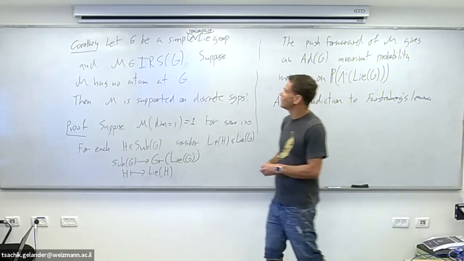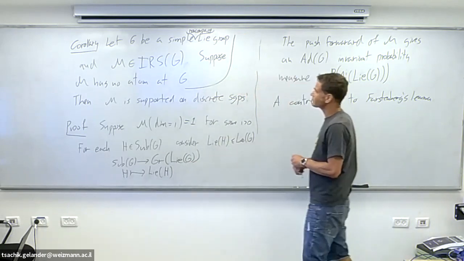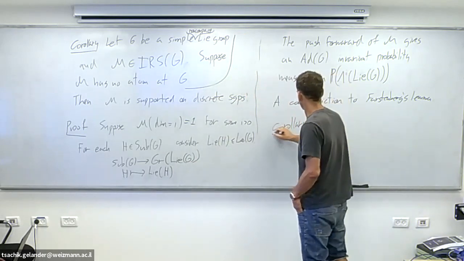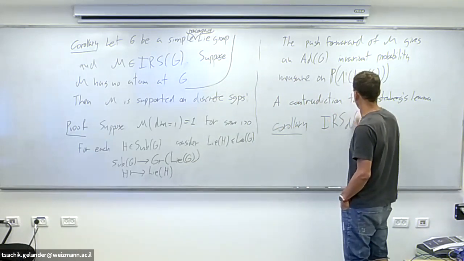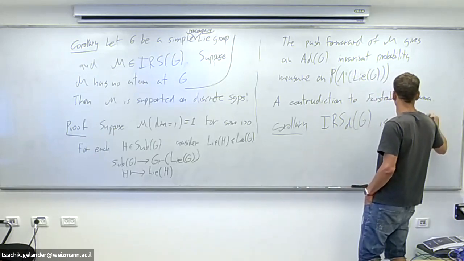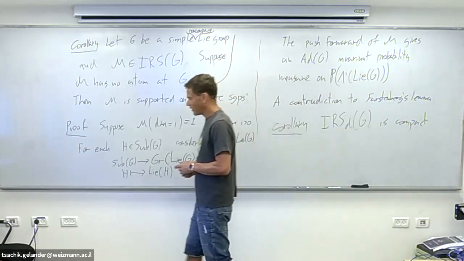So you see, the Fürstenberg lemma implies a corollary: that the space of discrete IRS is compact.